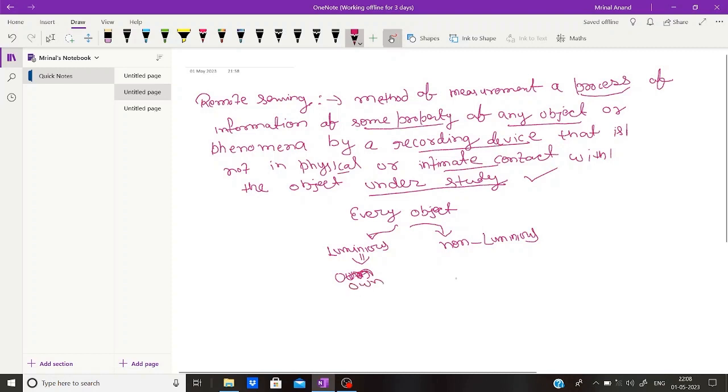If the object is non-luminous, it is dependent upon some other source, so it does not have its own light. So if the object has its own light, it can be categorized into the active sensor.